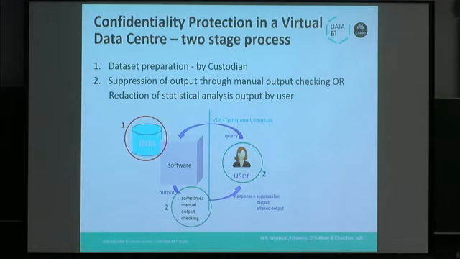And then, suppression of output through manual output checking, well, they didn't want that. So they said, well, what about if we get the user to confidentialise their own outputs? And we said, oh, well, okay, we can have a go. Because if you look at some of these output guides, of Stats New Zealand, and there's one from the European Union as well, they're quite complex and really written for the expert.